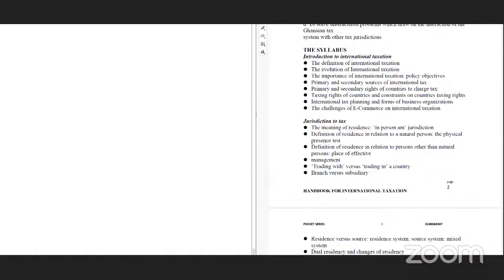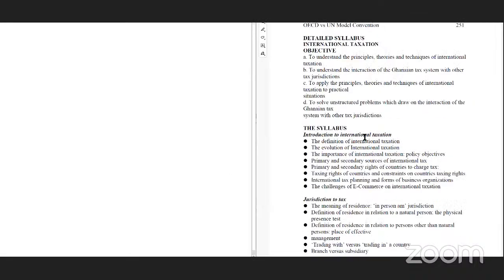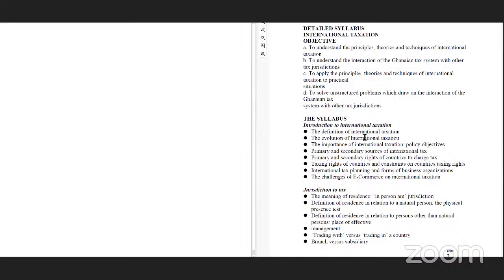So what is the main objective of this paper? This paper exists to tell us something, right? So we need to know the detailed syllabus. I hope my screen is visible to everyone. Yes, Bill. All right. So one, the objective of this paper is to understand the principles, theories, and techniques of international taxation.